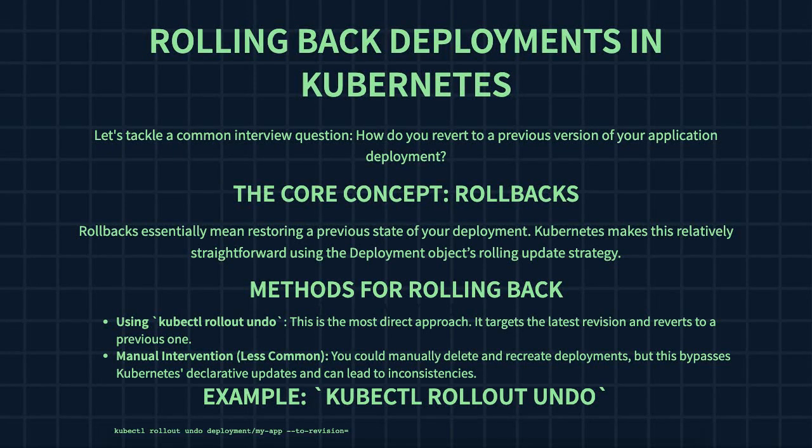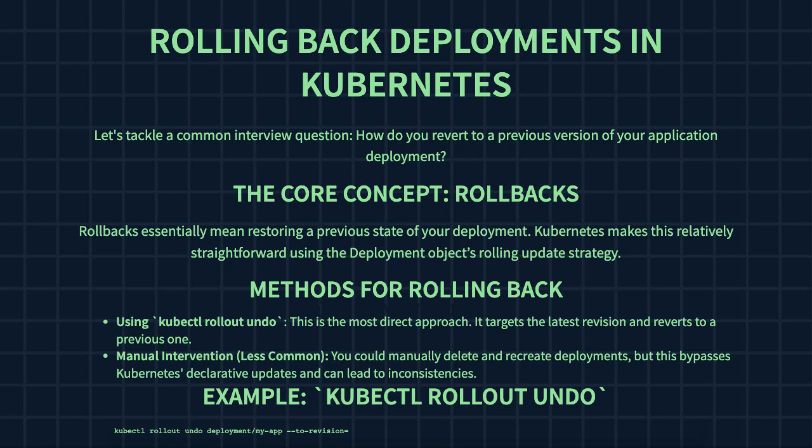Okay, let's talk about rolling back a deployment in Kubernetes. It's a really important skill to know for an interview. Essentially, it means going back to a previous version of your app. Kubernetes makes this pretty easy thanks to its deployment objects and their rolling update strategy. The most common way to do it is with kubectl rollout undo. This command targets the latest revision and reverts you to a specific past one.